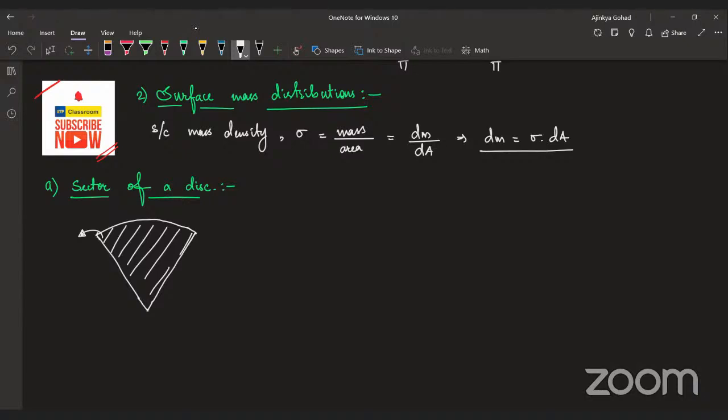There is some mass here which is uniformly distributed.